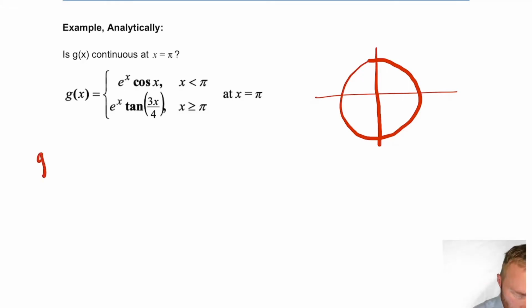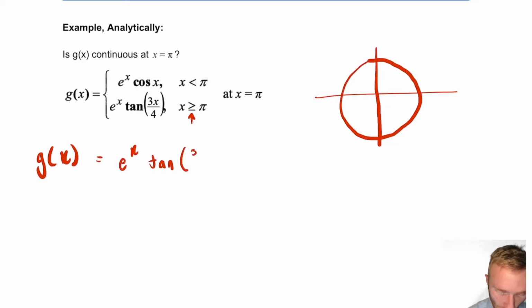So the first thing I want to know is, what is g of pi? This has my or equals sign, so g of pi is e to the pi times the tangent of 3/4 pi. Okay, well, 0, pi over 4, pi over 2, 3 pi over 4.